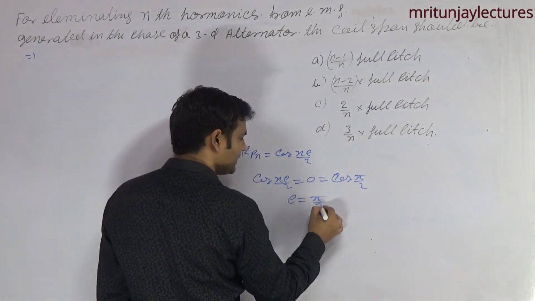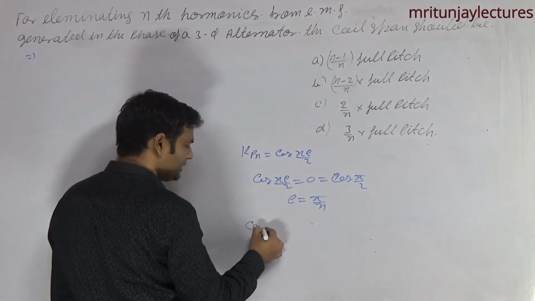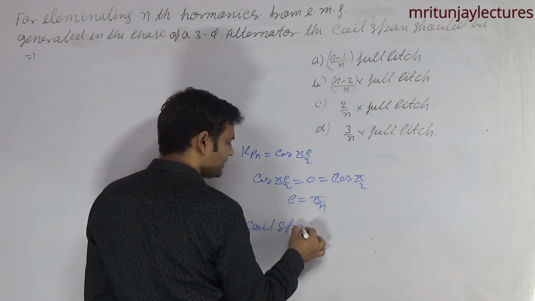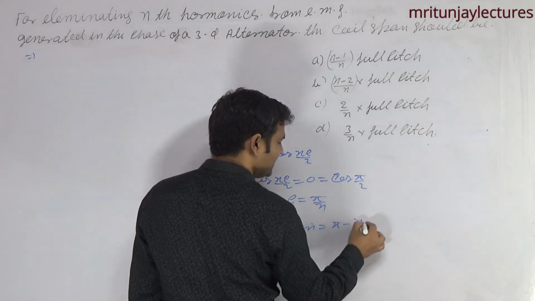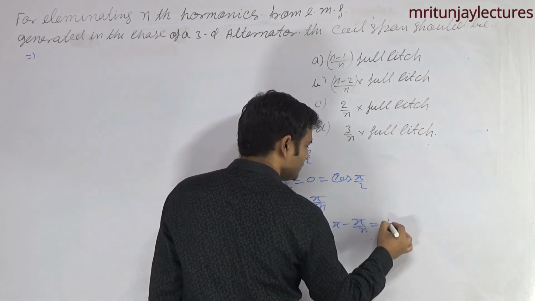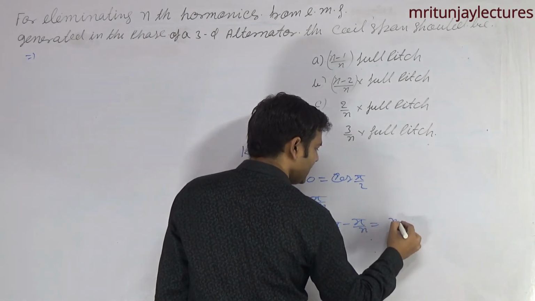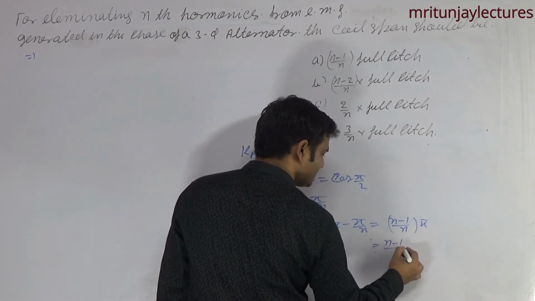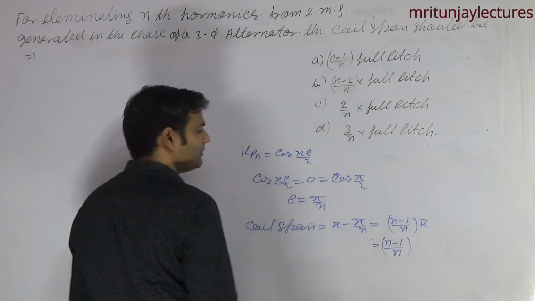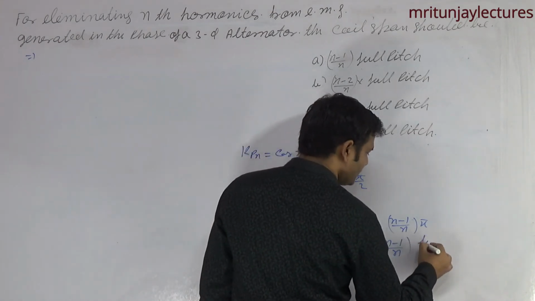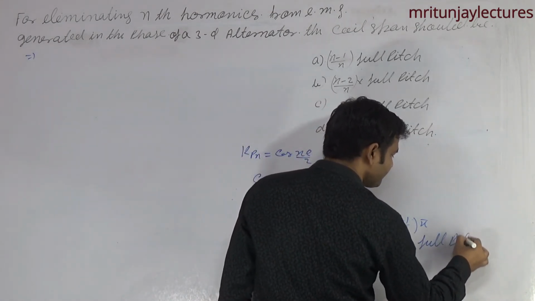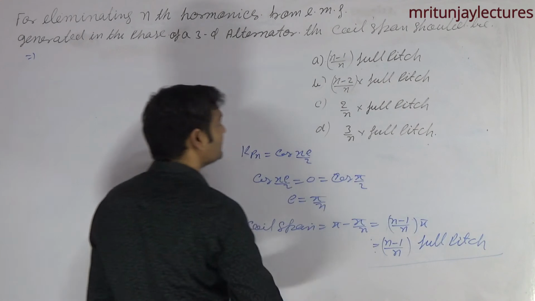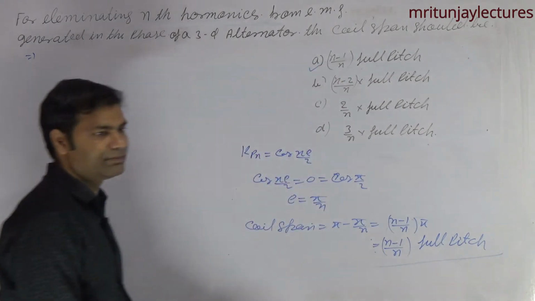Pi by n. What about coil span? Coil span is pi minus pi by n, so (n minus 1) upon n into pi. I know that (n minus 1) upon n into pi means full pitch. Which one is correct? A is the correct option.